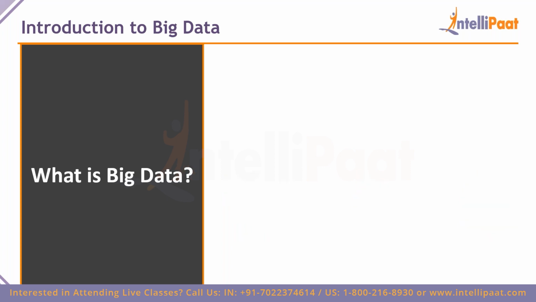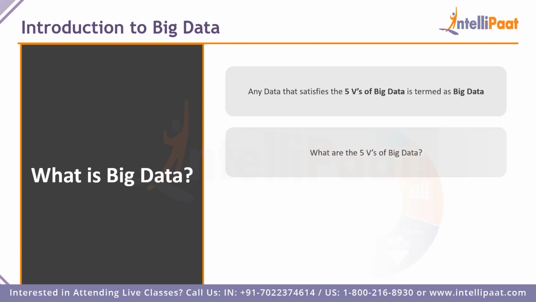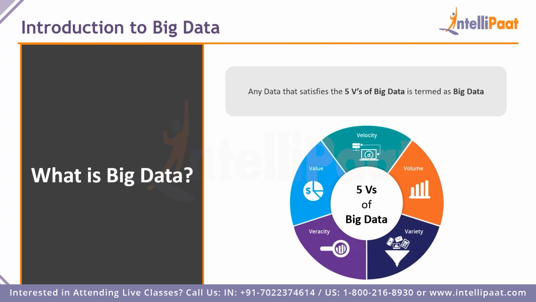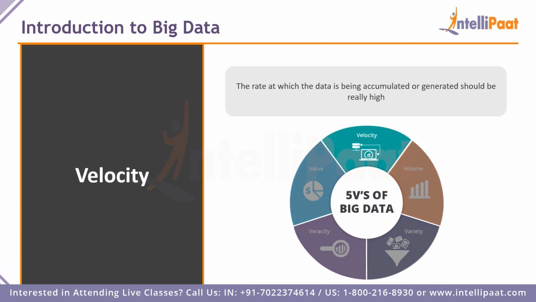Let us understand what big data is now that we understand what data is. So there are 5 V's that data needs to satisfy in order to be termed as big data. Now, since the word big is there in big data, one thing is pretty obvious, it's quite large in size. So two particular attributes represent that. So first is velocity. So velocity means that the data that is coming in, right? Say you have a hard drive, right?